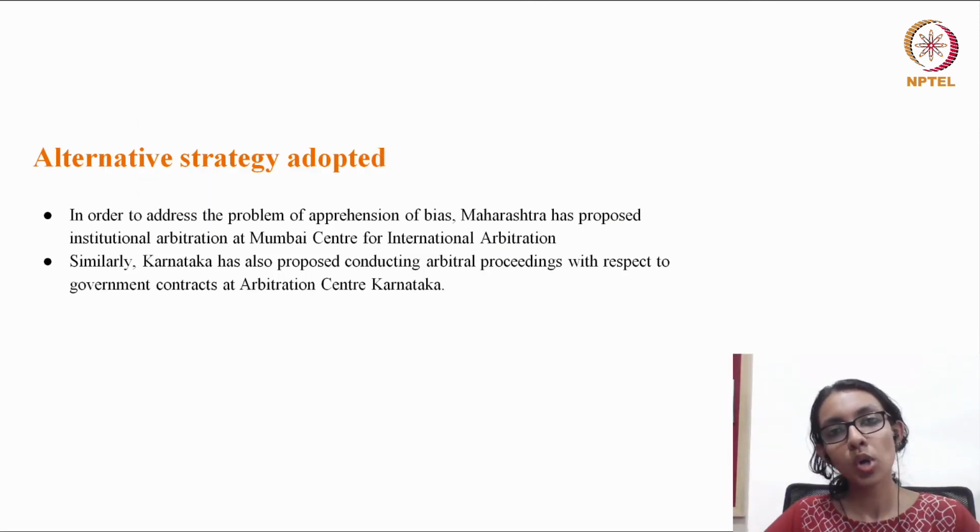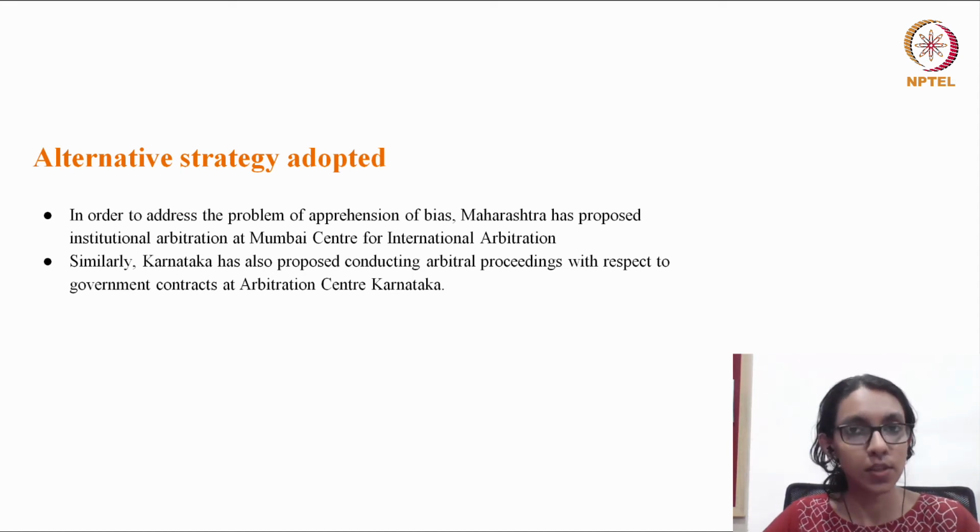In order to tackle the problem of apprehension of bias that arises out of government contracts, the states of Maharashtra and Karnataka have proposed an alternate strategy. These states have recommended conducting arbitral proceedings through arbitral institutions whenever there is a dispute that arises out of government contracts.